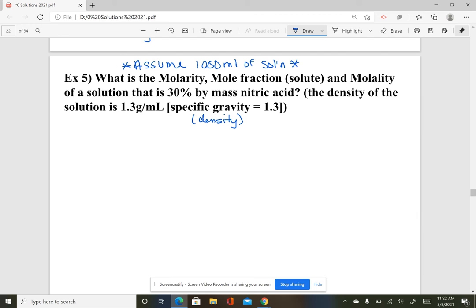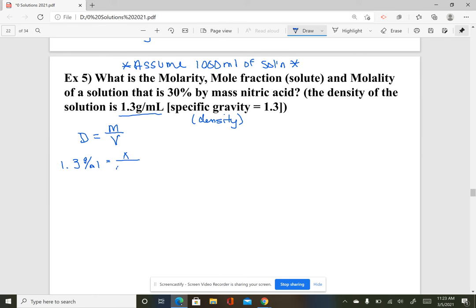Okay, so let's start by taking this density that they gave us. I know that density equals mass over volume, right? So if my density is 1.3 grams per milliliter, that was given to me in the question, and I don't know the mass.